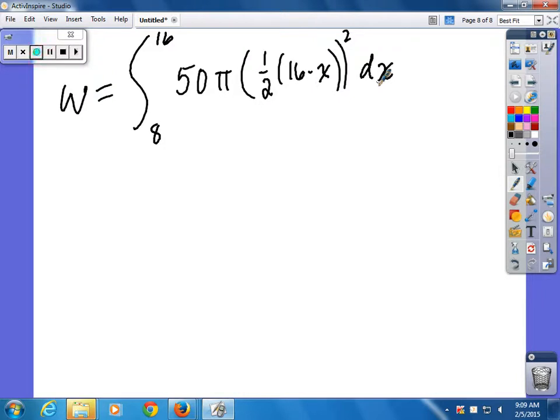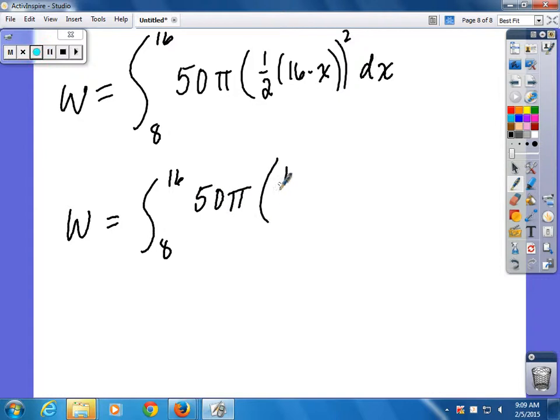There's one thing I can do before I pull out the 50 pi. What is the one thing I can do? The 1/2, you know, square it, and then you can pull it out. W, 8 to 16, 50 pi, and that's going to be 1/4 times 16 minus x quantity squared dx.